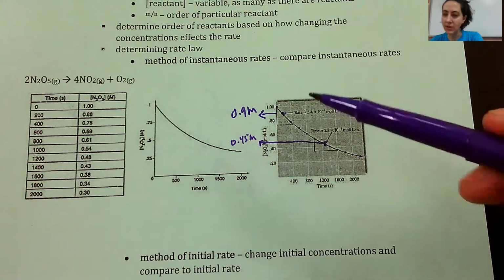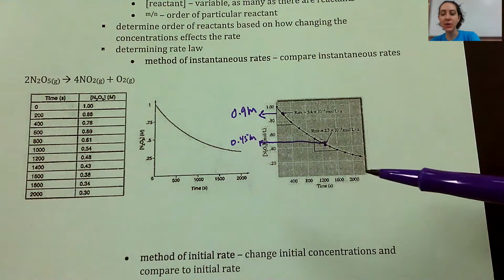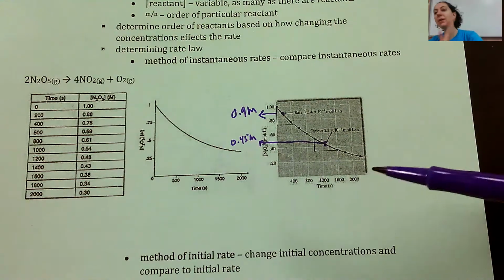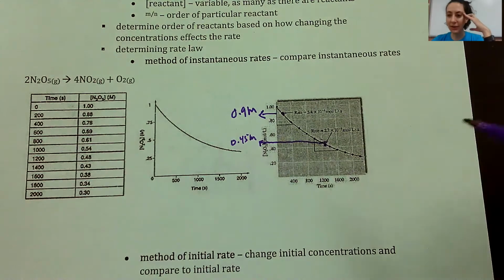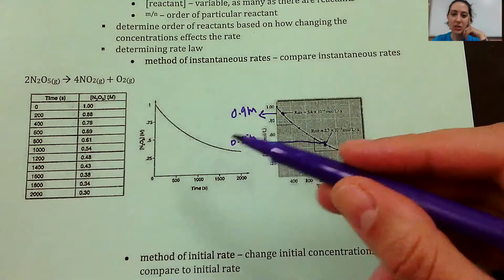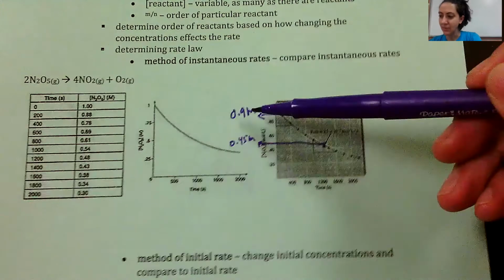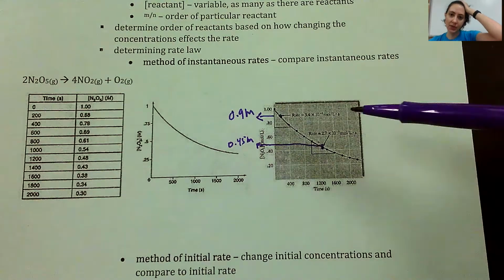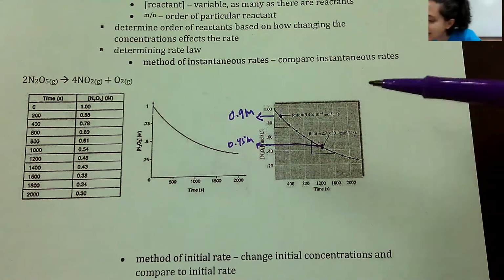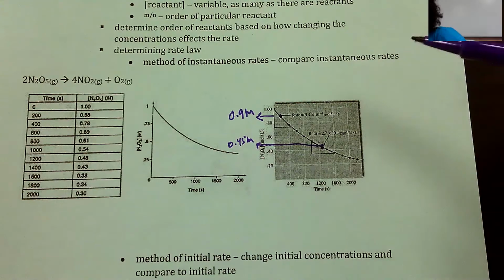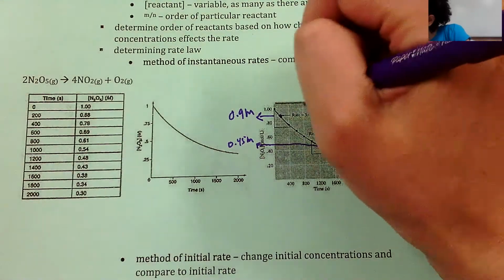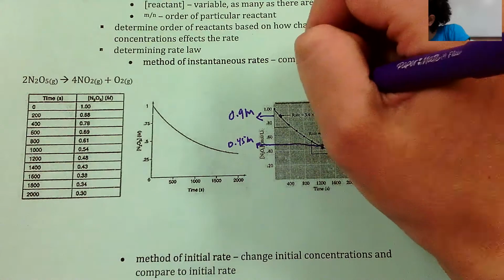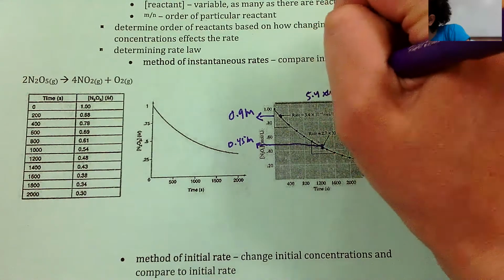And the rates are also, actually, I'm going to use the other method for this because it kind of works. Well, I'll talk you through both. There's a mathematical way of doing a calculation and setting this up that works just fine. I tend to just do this stuff in my head. So what we end up with is this data: when the concentration is 0.9, the rate is 5.4 times 10 to the negative 4.